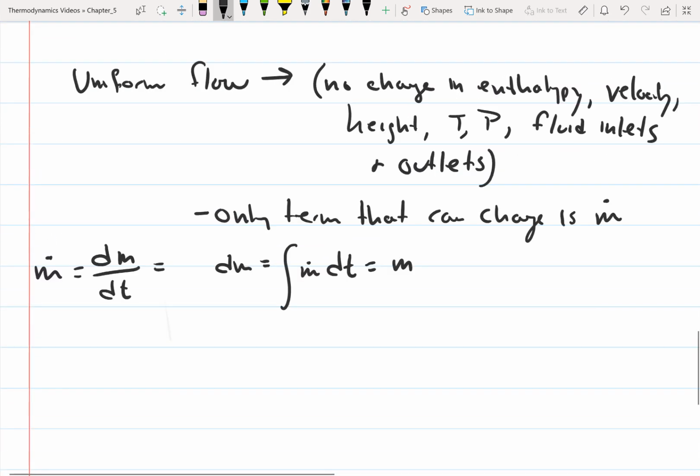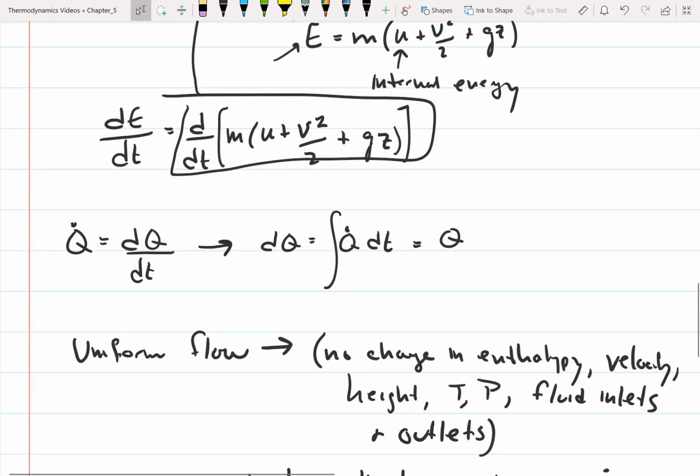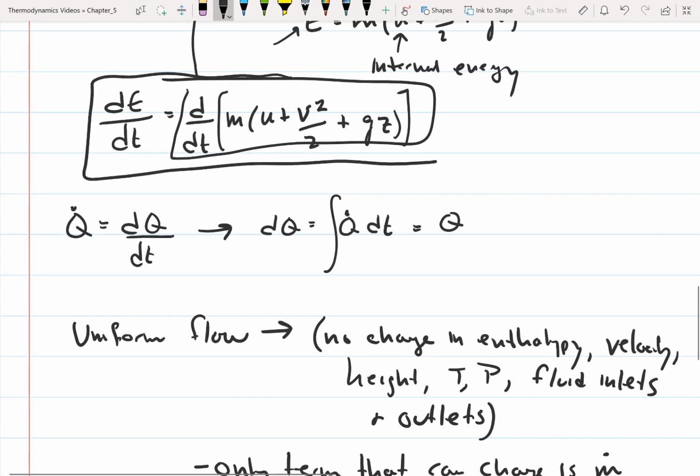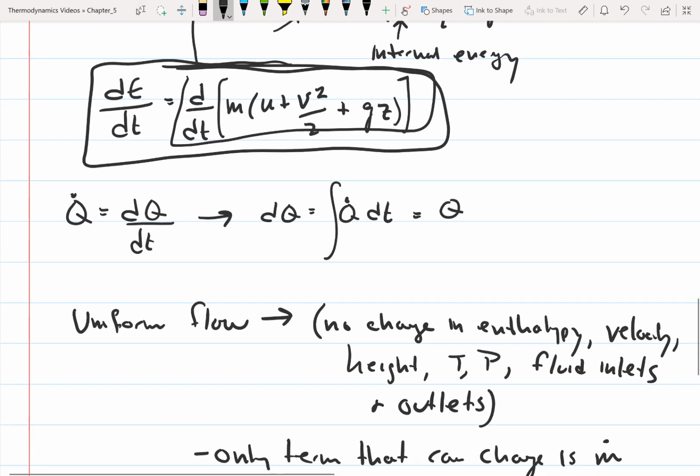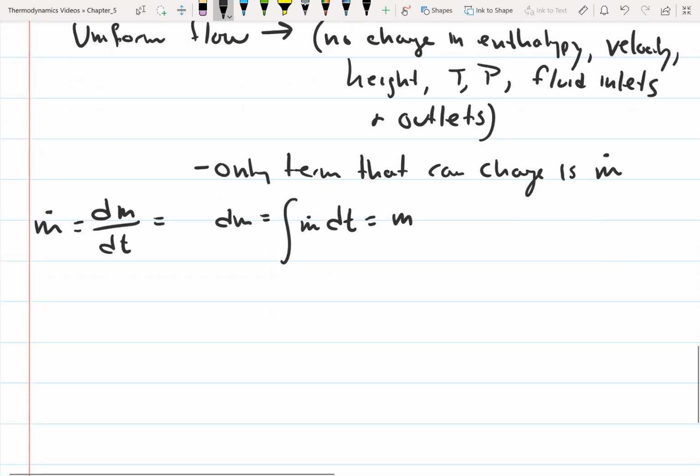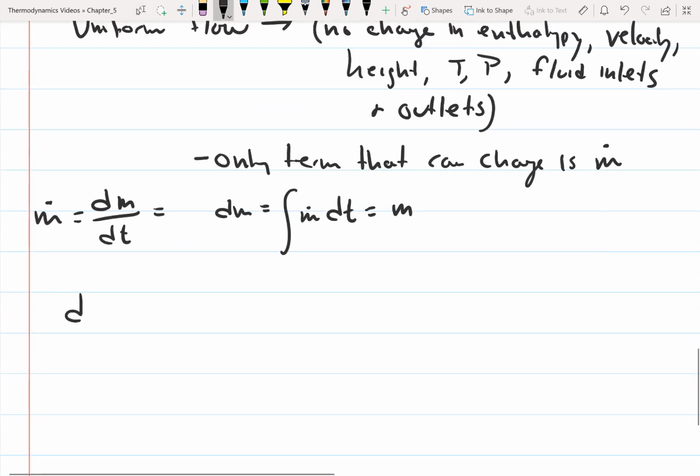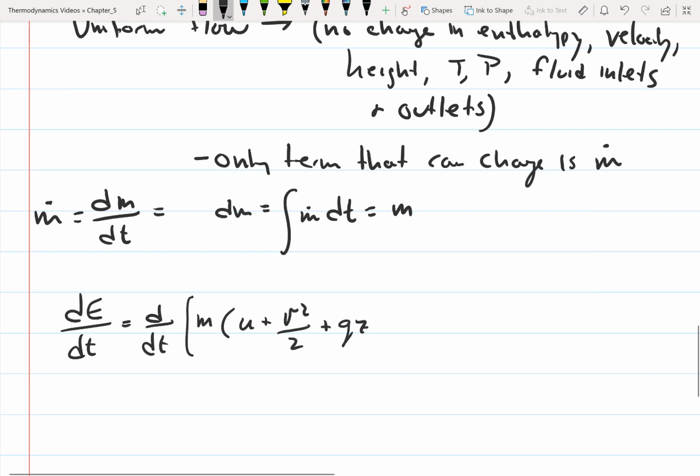And then we have this term that we came up with for the change in total energy with time. So if we integrate that, we have dE/dt, and this was equal to d/dt of u plus v squared over 2 plus gz.